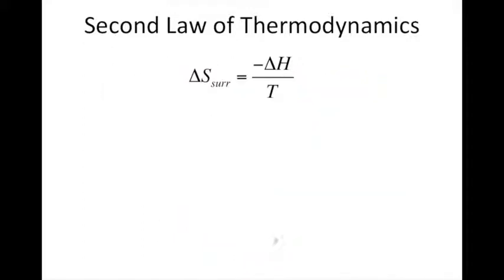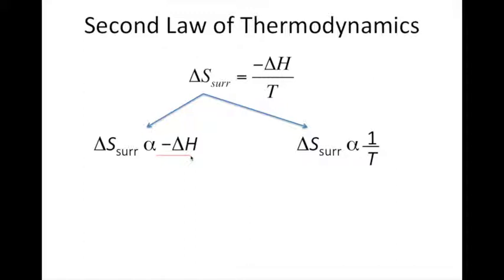So the change in entropy of the surroundings is equal to the negative change in enthalpy divided by the temperature. So we could say that it's proportional to the negative enthalpy change, and it's inversely related to the temperature of the surroundings.